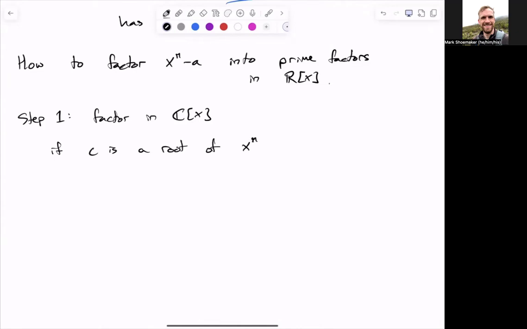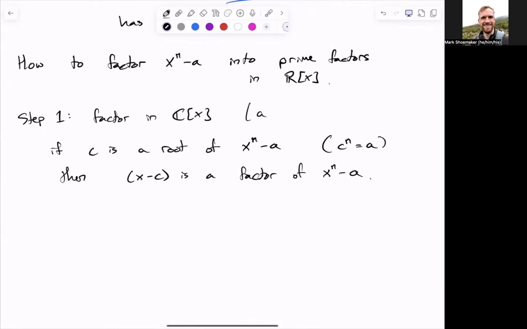of the polynomial x to the n minus a, in other words, if c to the n is equal to a, then x minus c is a factor of this polynomial. It divides the polynomial x to the n minus a.